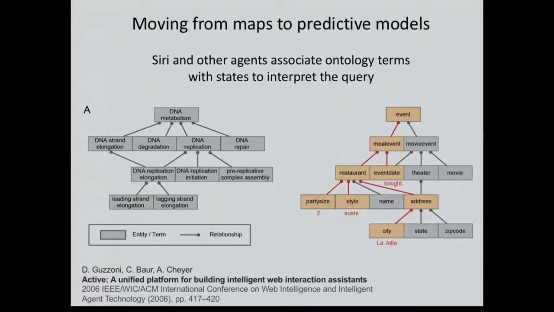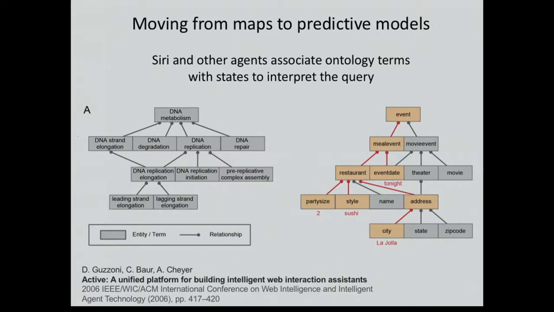But at least in an early version, this was one of the ontologies that Siri has. As you speak to Siri, Siri is trying to take your voice commands and slot those words in as states into one of the many ontologies it has in its lexicon, and somehow the most probable fit is then the one that it uses. And these are not my words, not in the original paper. If one said, Siri, find me a good sushi restaurant tonight for 2 in my city, La Jolla, this might be the best fit to that ontology.